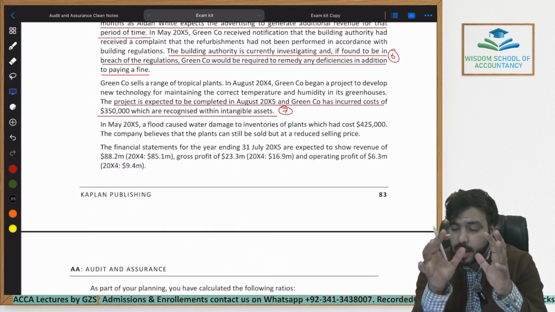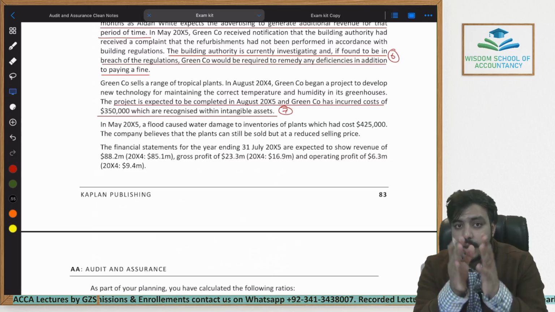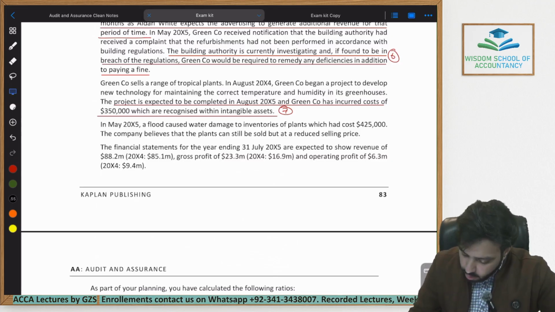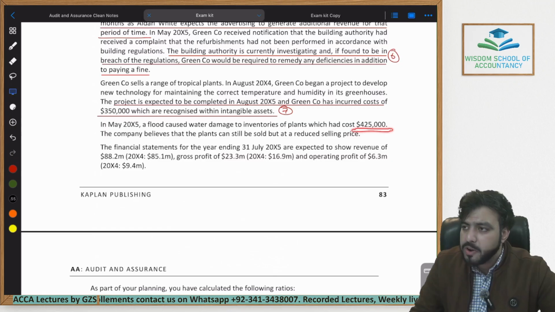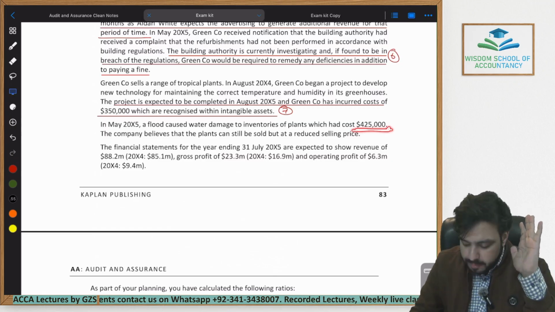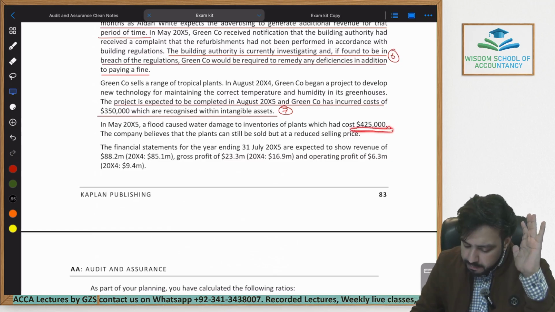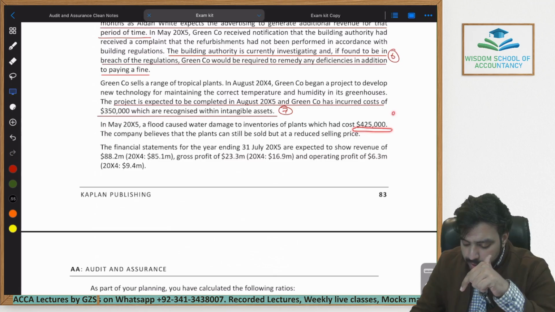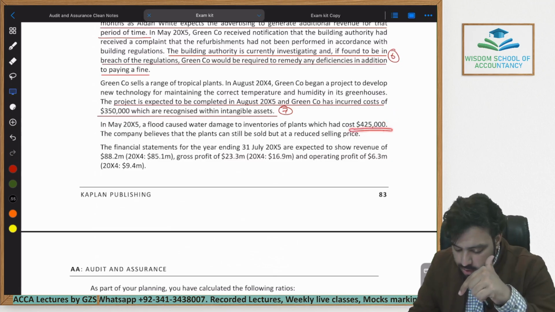What does IAS 2 Inventory state? Inventory should be recorded at the lower of cost or NRV. The cost is $425,000. I don't know how many different plants the company may have, but the total cost of all of those plants combined is $425,000. This is the amount it took management to make them, and that is recorded as inventory.